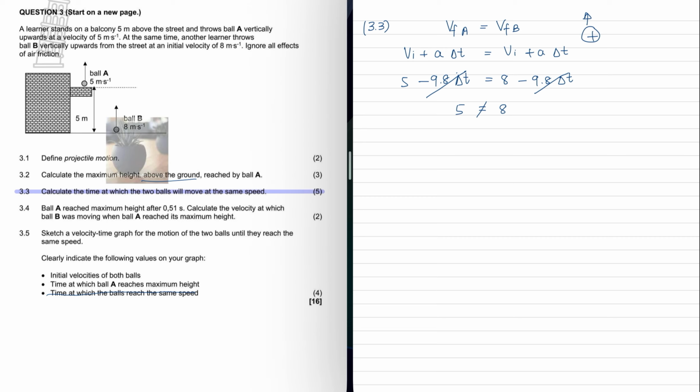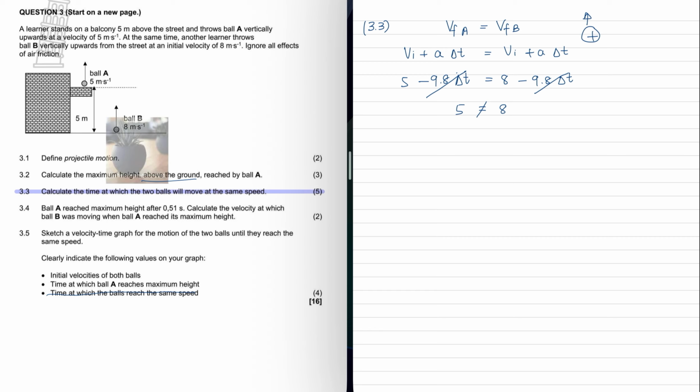So what's wrong with this? Doing this calculation gives us an important piece of information that we must interpret. Because they are not equal, and because this clearly does not work, it means that A and B are not going to be traveling in the same direction when they have the same speed.